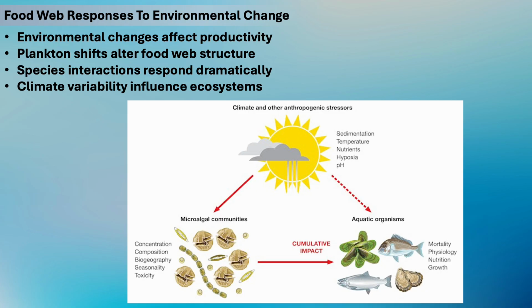Conversely, if phytoplankton productivity declines, these changes can cascade upward through the food web. Reduced phytoplankton growth may lead to declines in zooplankton populations, which then affect fish and other predators. Climate variability, such as El Niño events, provides a clear example of how physical changes in the ocean can influence food webs.